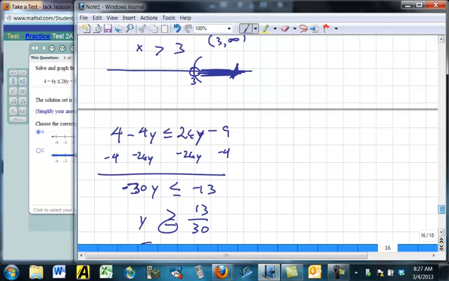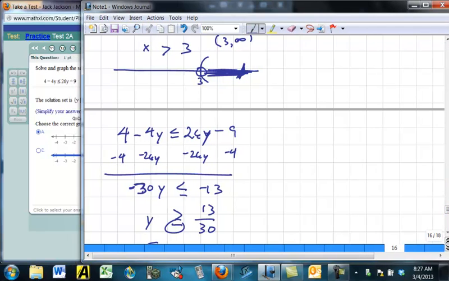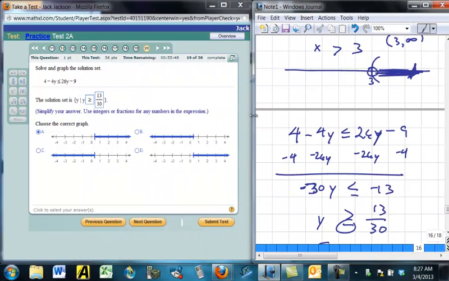So let's see, what did I do wrong? Okay, let's go back. 4 minus 4y, 26y minus 9. Okay, so I'm going to add a negative 26y to both sides. Negative 26 plus negative 4 is negative 30, so that's negative 30y.